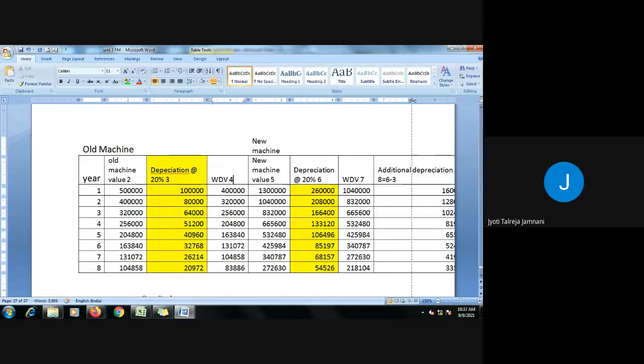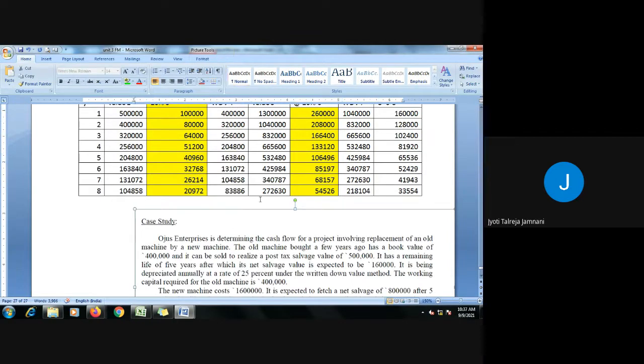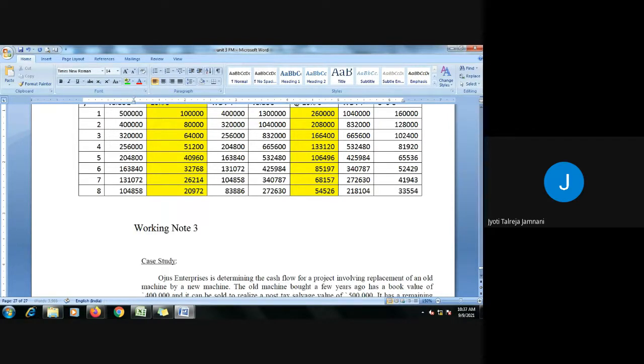So remember this, how we found the additional depreciation. Now I'll do working note 3. This working note 3 is on the salvage value or the scrap value of the particular machine. Okay, so sorry, it's on the savings.